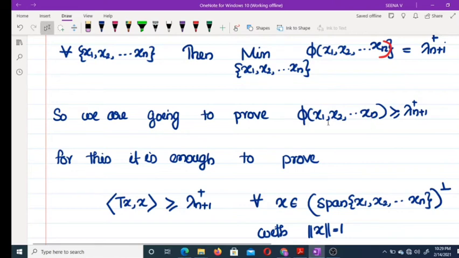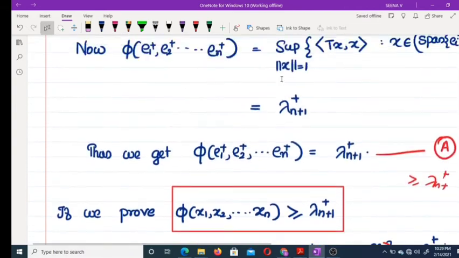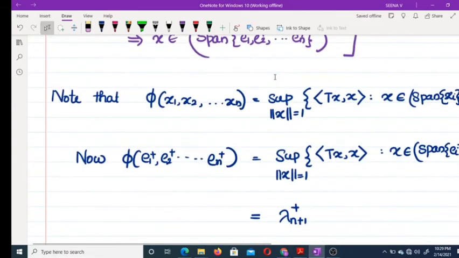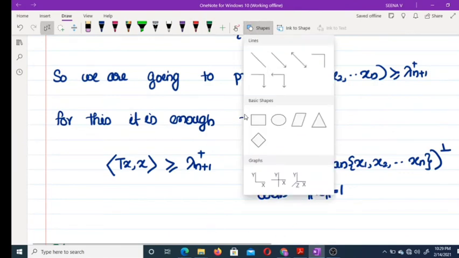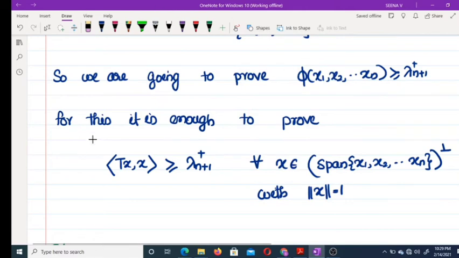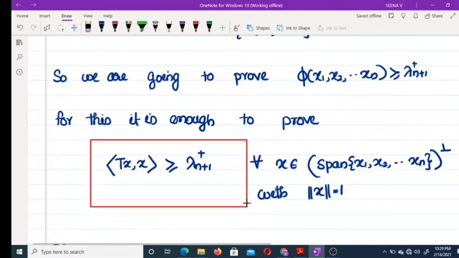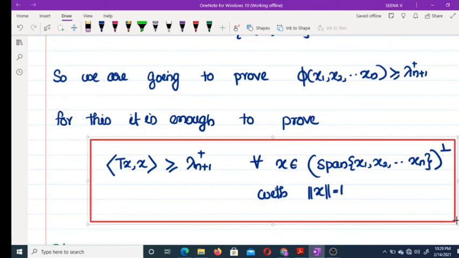Okay. So what is phi of x1, x2, etc., xn? By definition, phi of x1, x2, etc., xn is the supremum of this. So to prove this, it is enough to prove the supremum is greater than or equal to lambda n plus 1 plus; actually we have to prove the inner product Tx, x is greater than or equal to lambda n plus 1 plus. So it is enough to prove the inner product Tx, x is greater than or equal to lambda n plus 1 plus for every x belonging to the perp of the span of x1, x2, etc., xn with the norm of x equal to 1.